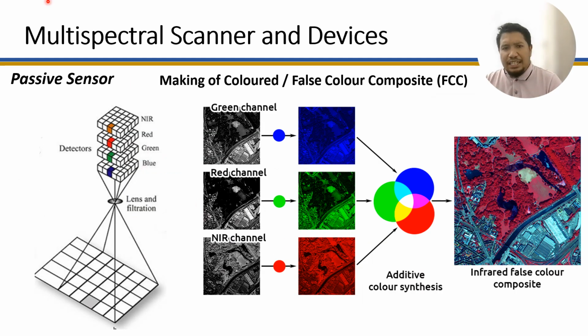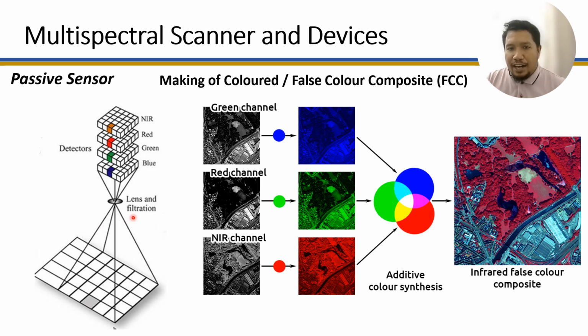The image illustrated here is a basic setup of a multispectral sensor system. We're going to talk about the sensor acquisitions, or scanner acquisitions, later on. But I'm going to talk about the key components that we have when we create the color composites. We have detectors to capture electromagnetic radiation from different spectral bands, each sensitive to a specific wavelength range, like what we discussed in the electromagnetic spectrum.